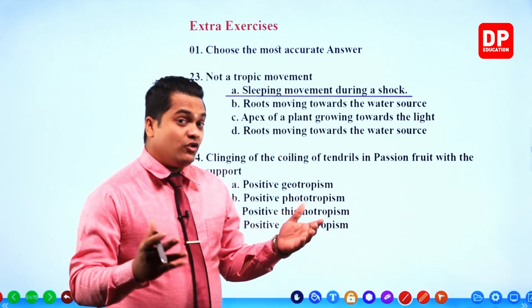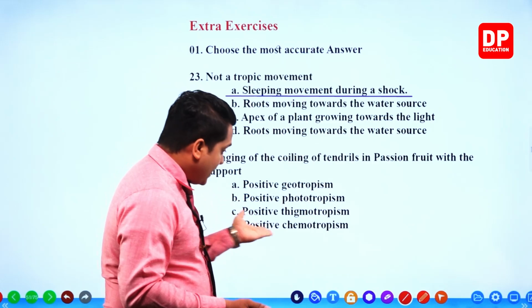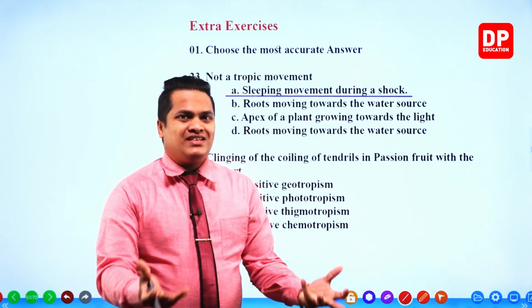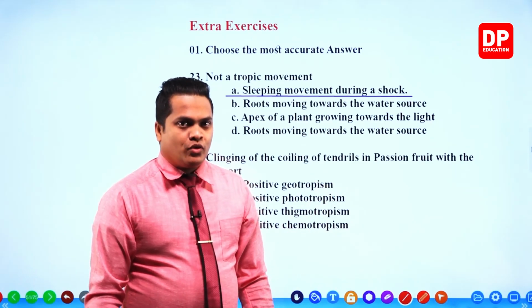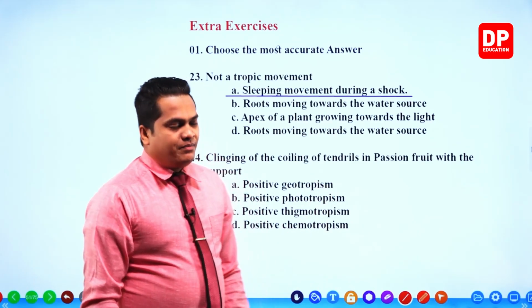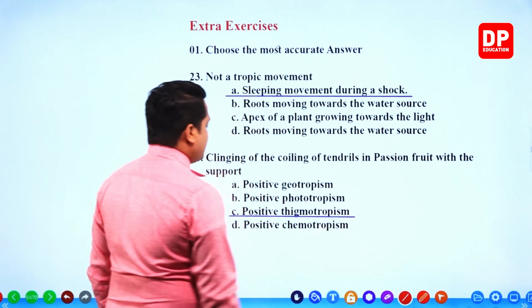Thigmotropism. If you don't know about thigmotropism, go for the other ones. Chemotropism: chemo means chemicals, no. There are no chemicals in here. We are looking for a support. Even if you don't know the answer, just look at the things which are given.